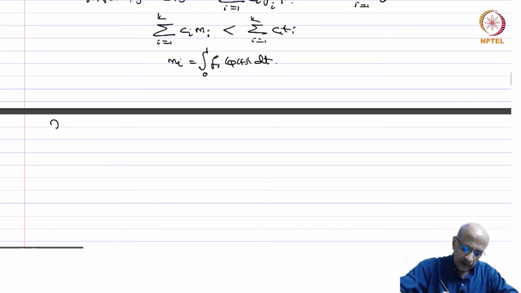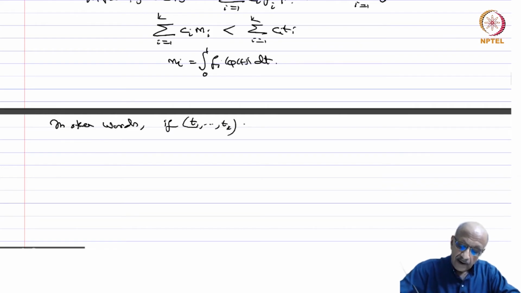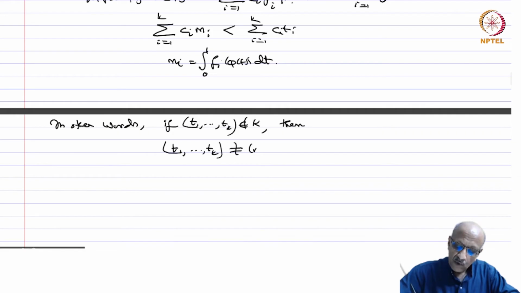In other words, if T1 to Tk is not in K, then T1 to Tk is not equal to M1 to Mk.